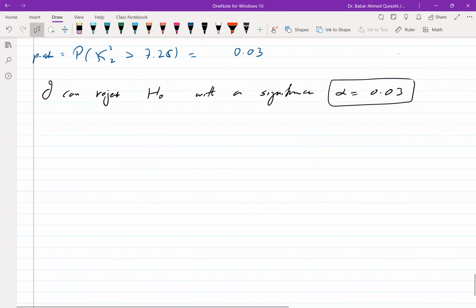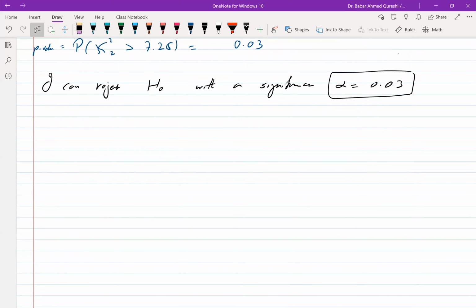We can do similar examples for other probability distributions as well.